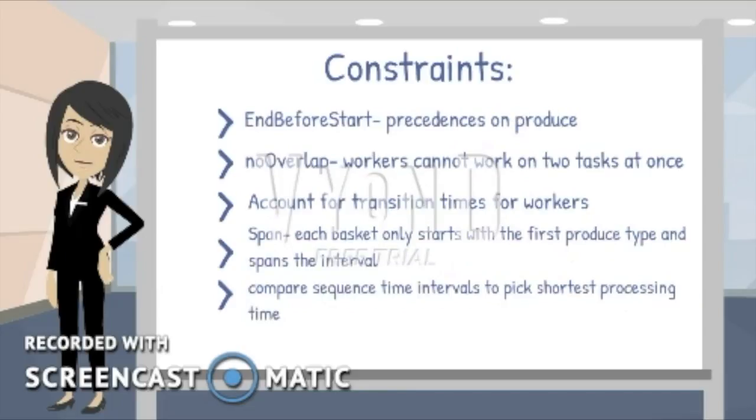There must be end-before-start constraints for precedence on produce, such as pineapple has to be completed before strawberries and bananas can begin, and strawberries must finish before bananas.